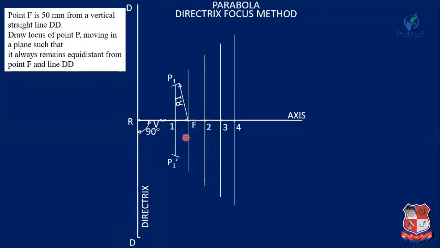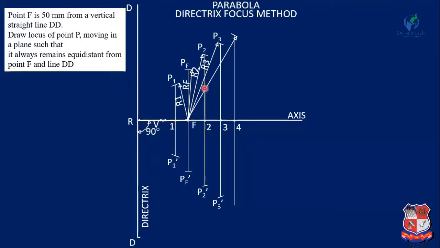Now with the same center F and radius equal to RF, draw an arc on both sides of this line. You will get the points PF and PF dash. Similarly, you will find all the points P2, P3, P4, and P2 dash, P3 dash, P4 dash.